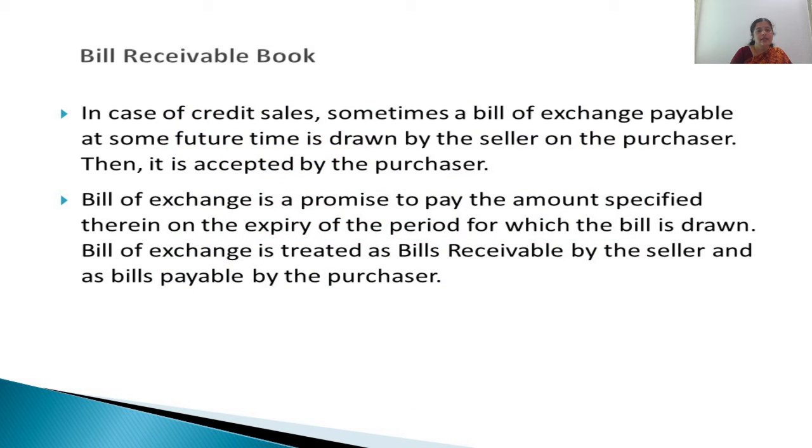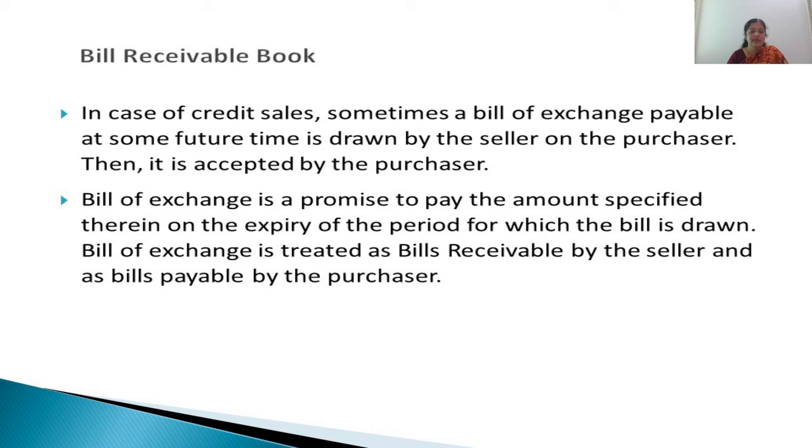There are two more things which we need to know a bit of: bills receivable book and bills payable book. I have told many times already that the same bill happens to be bills receivable for one party and bills payable for the other party.